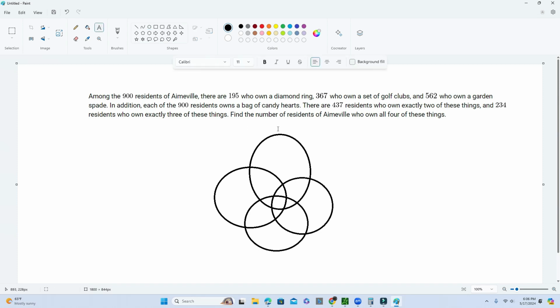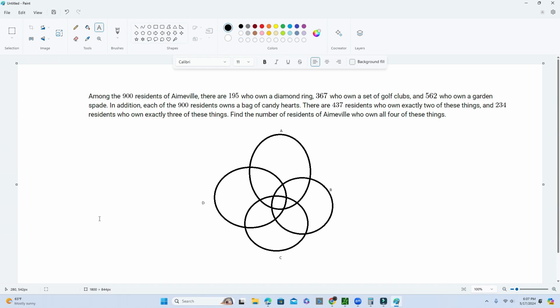Now let's label each of the circles with one of the 4 letters A, B, C, and D. We can have A as the diamond ring owners, B as the golf club owners, C as the garden spade owners, and D as the candy heart owners.